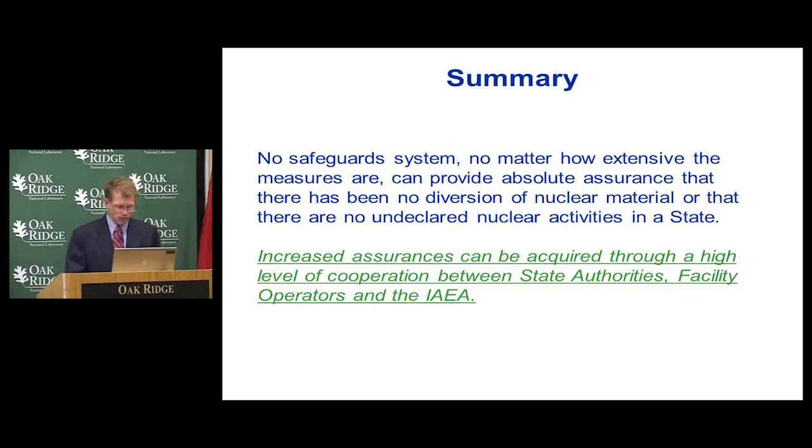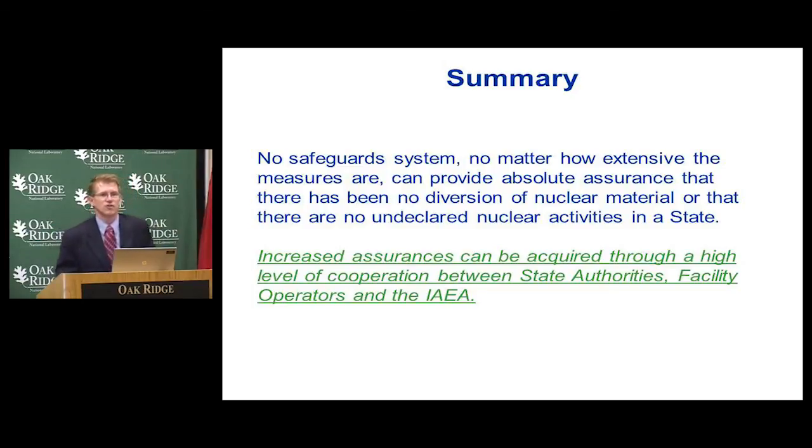So in summary, no safeguards system, no matter how extensive, can provide absolute assurance that there's been no diversion of declared material or that there are no undeclared activities in a state. And this has been a really tough issue that the agency has addressed in a couple of years.